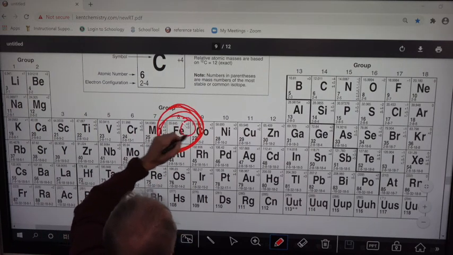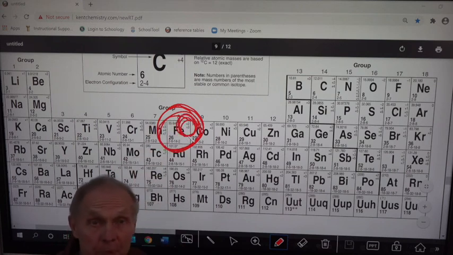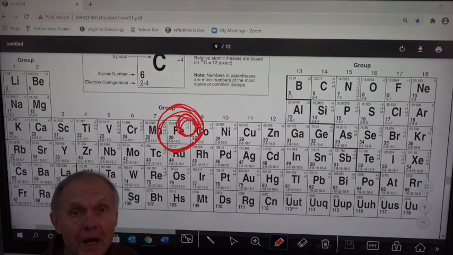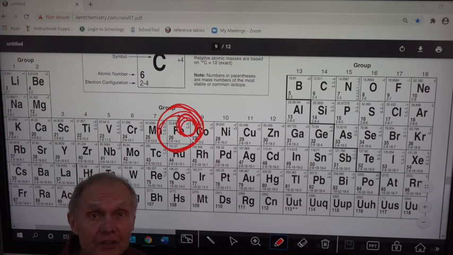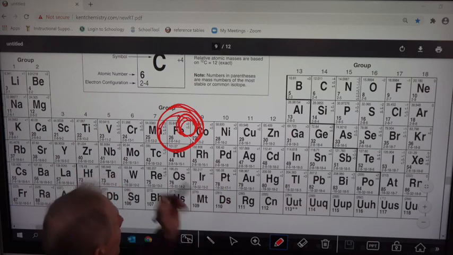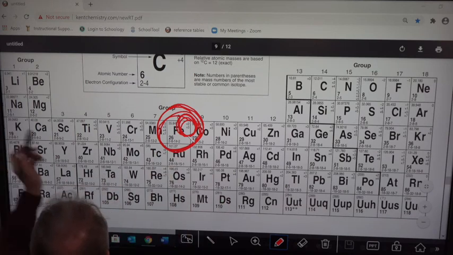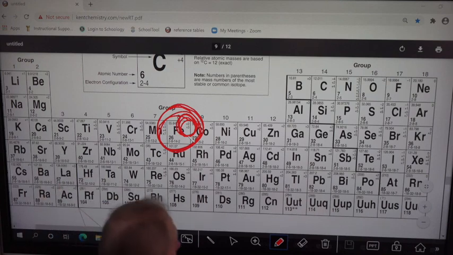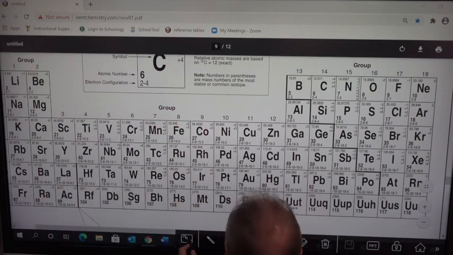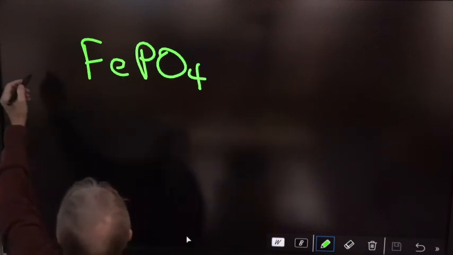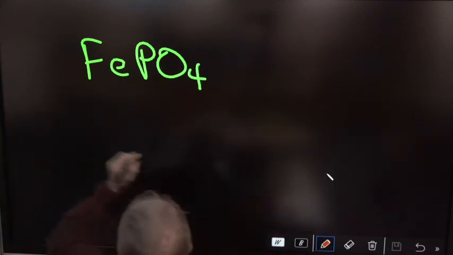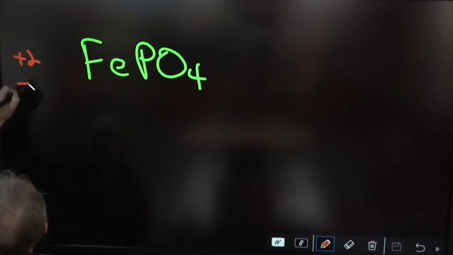It has a +2 or a +3. You got to figure out which charge or oxidation state it is to name it. That has 2, where our magnesium only had 1. So these are the charges that it could be. It could be a +2 and it can be a +3.